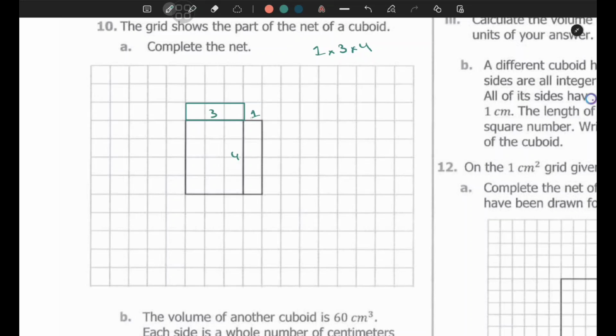So at least two of these will be 3 by 1, right? So 3 by 1 times 2. Then you'll have 2 which are 4 by 1, one of which is made, and so we'll make the other one. And then we'll have 2 which are 3 by 4, one of which is again made, and then we'll make the other one, and that is our net diagram complete.